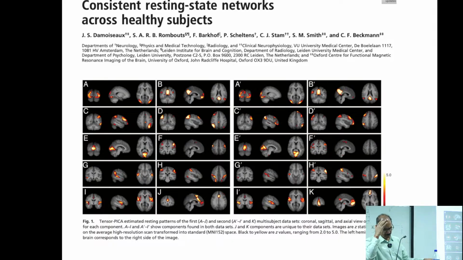And again, with resting state, we are taking the time series, decomposing them into the spatial components, and then identifying them, right? So when it is done in time, it is called temporal ICA. When it's done in space, it's called spatial ICA.